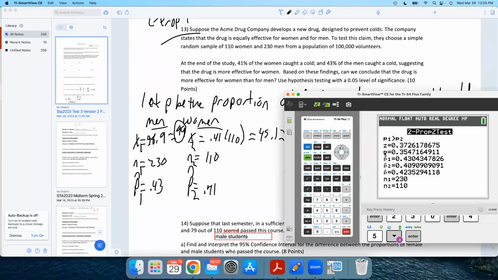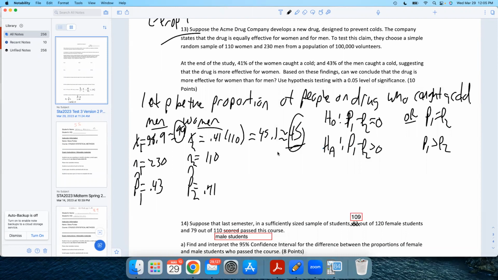Okay, the only number I really care about right here is the p-value, this one, 0.35. That's a gigantic p-value. That's huge. Big p-values are bad evidence. The smaller the p-value, the stronger the evidence. It's counterintuitive. Small p-value is large evidence against the null.